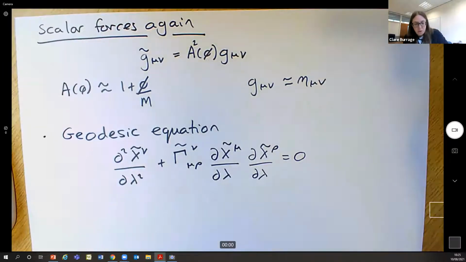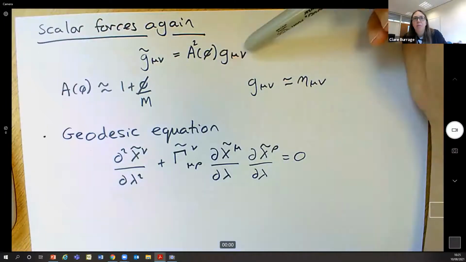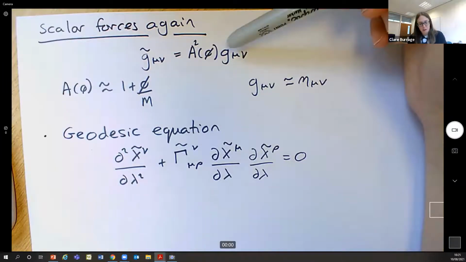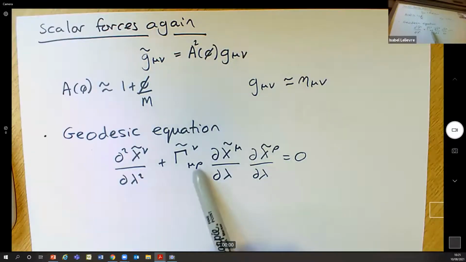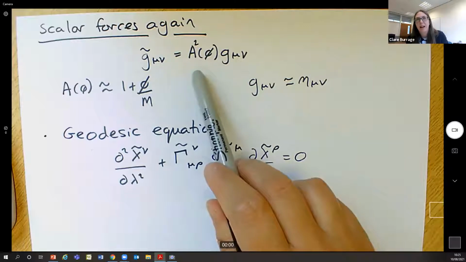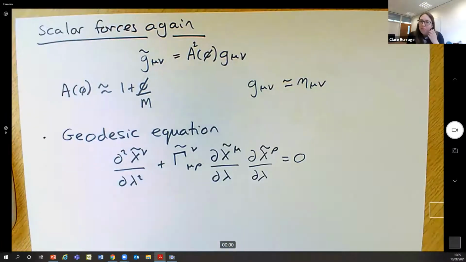But what if we want to transform this into the picture in terms of the other metric? Well, that's fine. We can do that. Our metric shows up in these Christoffel symbols, so we have to calculate what these are in terms of now A and the untilded G. And you'll remember that Christoffel symbols involve calculating derivatives of the metric.